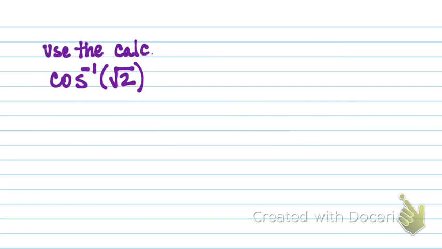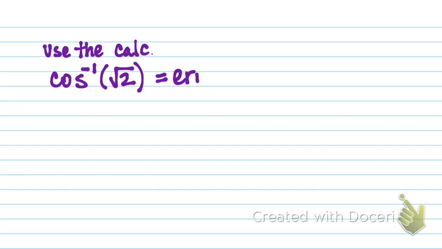Okay, so a problem like this, inverse cosine of square root of 2. So when you type these things in your calculator, make sure you're paying attention if the directions say degrees or radians. This one doesn't say, so it really doesn't matter what mode you're in. What this question is asking is, what angle has a cosine of the square root of 2? So when you type this in your calculator, you're actually going to get something weird.